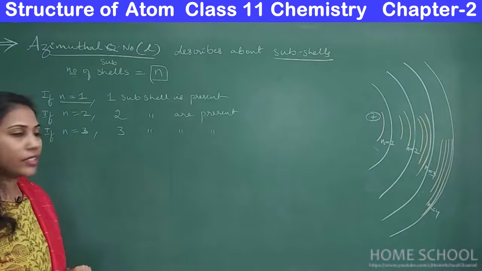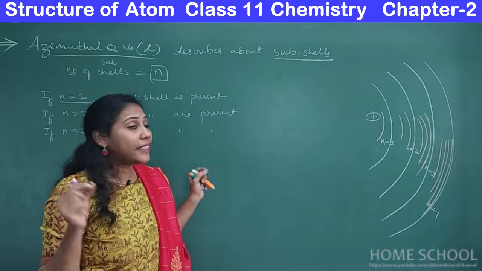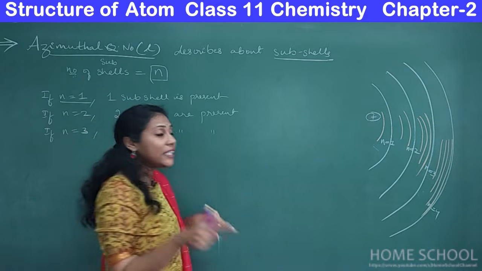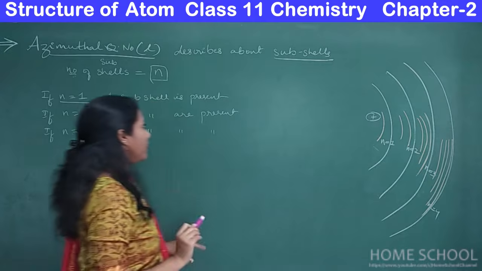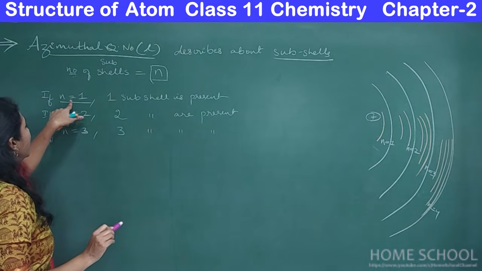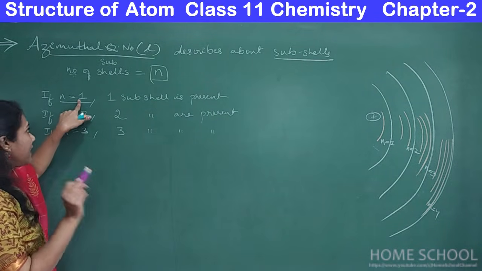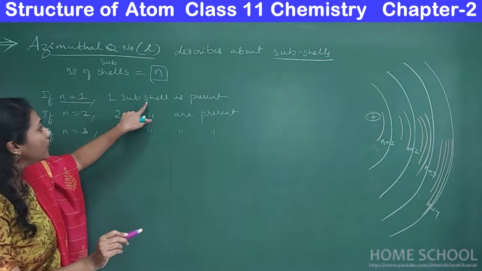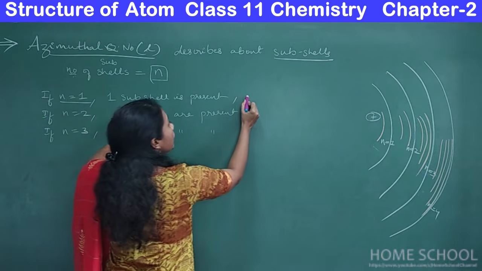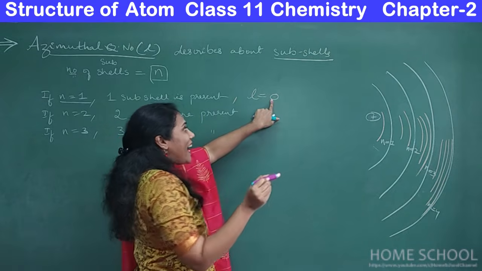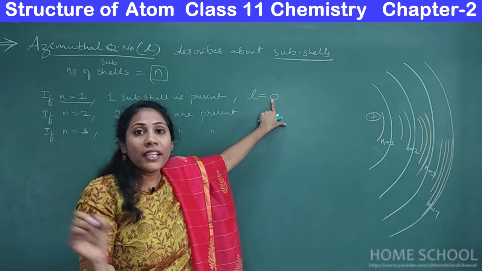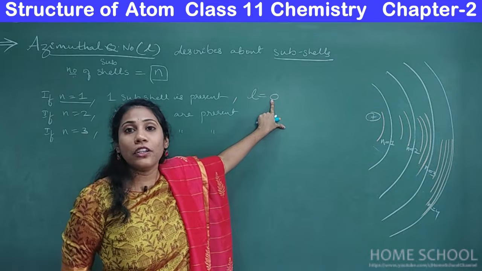See guys, understand carefully how I am giving names or designations to these subshells. We all very well know in our first shell, that is the K shell, we have only one subshell. What do you call that subshell? We will call that subshell s.